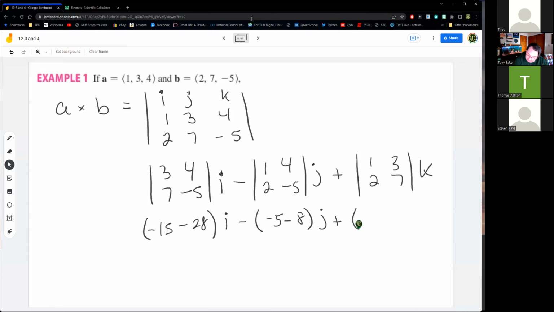And then it's 7 minus 6. Okay. So we've got -43I plus 13J plus K. So that is the cross product of A and B.